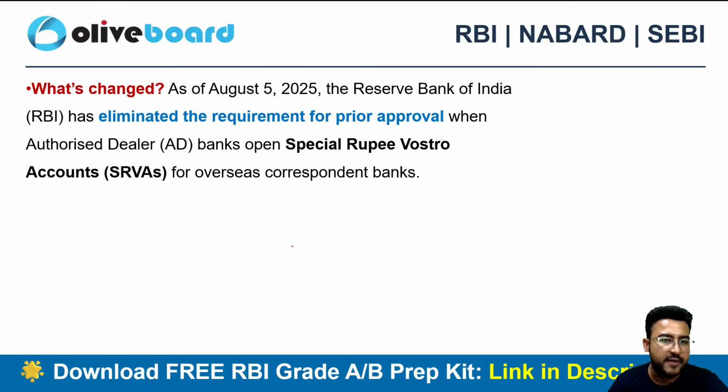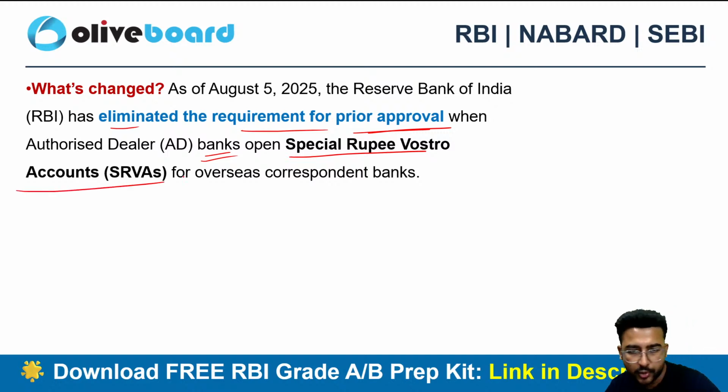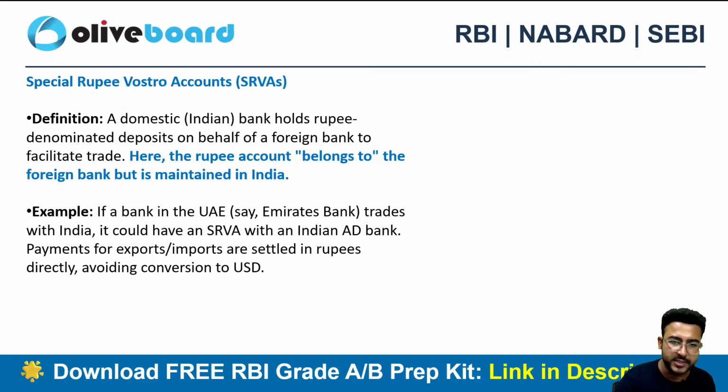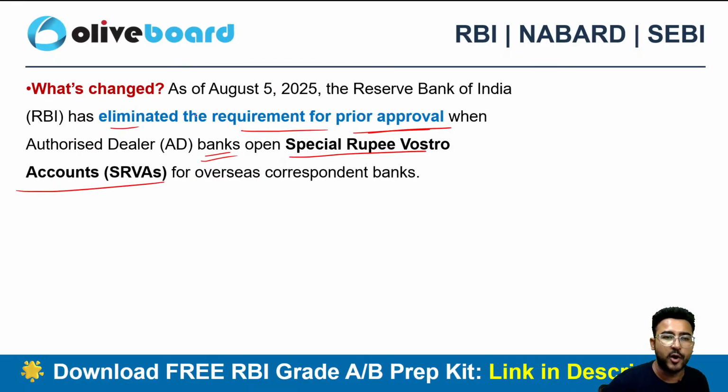What they have allowed here is they have eliminated the requirement for any kind of prior approval. Earlier, if a bank in India was opening a special rupee Vostro account, it needed to take specific permission from the Reserve Bank of India. As of now, RBI has eliminated that permission requirement.